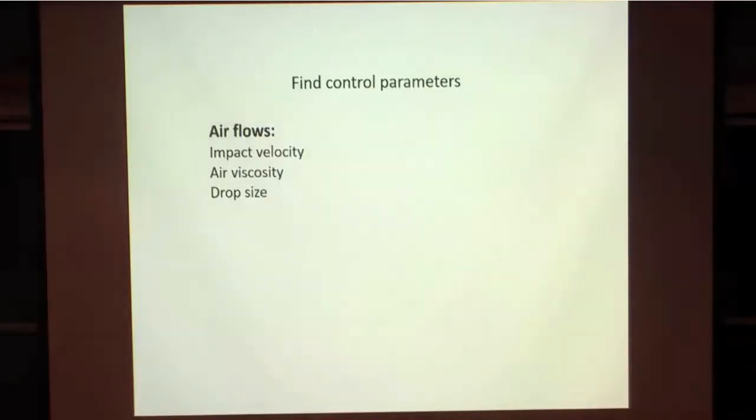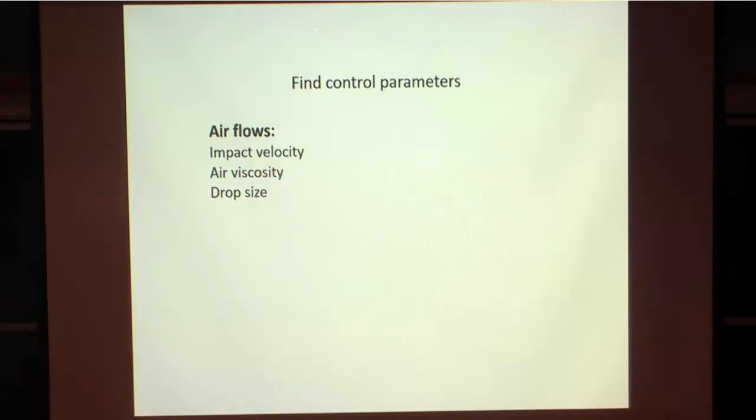And so now, is this really what leads to a disappearance of the splash? If we change these airflows, are these airflows related in any way to the fact that the splash doesn't happen at low pressures? Again, we try to find the control parameters that actually set these airflows. And it turns out that they're very simple. The only things that matter for the airflows are the impact velocity, the air viscosity, and the drop size.